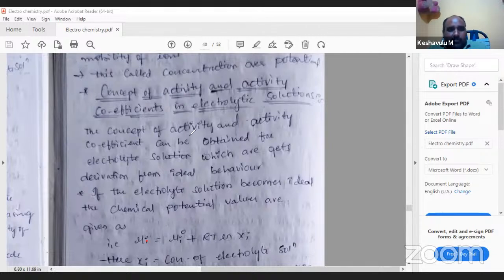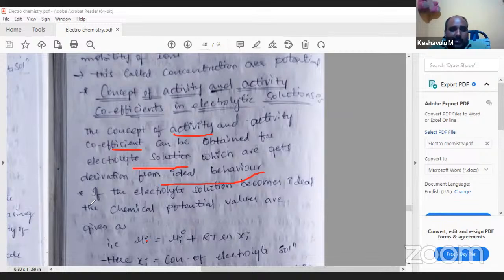The concept of activity and activity coefficients applies to electrolyte solutions which deviate from ideal behavior. Whenever the electrolyte solutions deviate from ideal behavior, they are considered non-ideal solutions. For non-ideal solutions, we apply the concept of activity and activity coefficients, right?